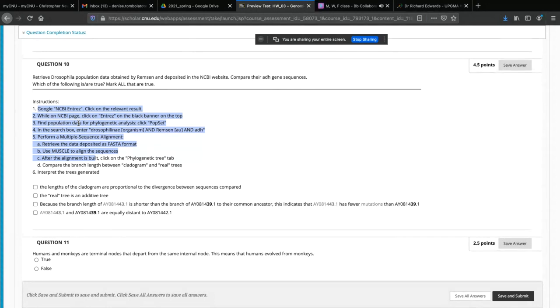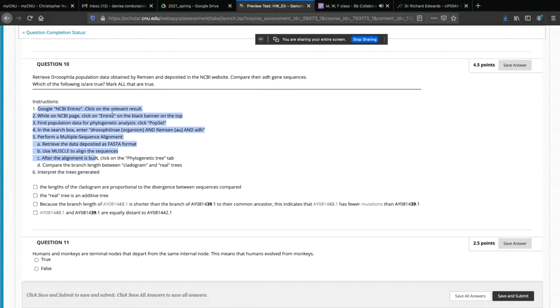On the exam, I'm not going to make you do all these steps. I'm going to give you the sequences that you are supposed to compare. Actually, I think you did this in exam 2. So what I want mostly for exam 3 is for you to be able to interpret phylogenetic trees.